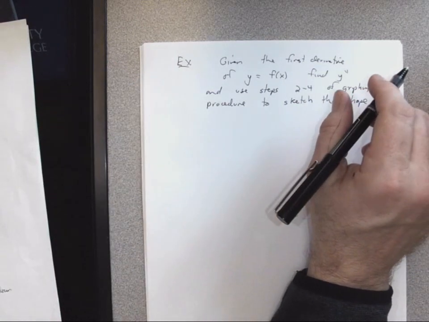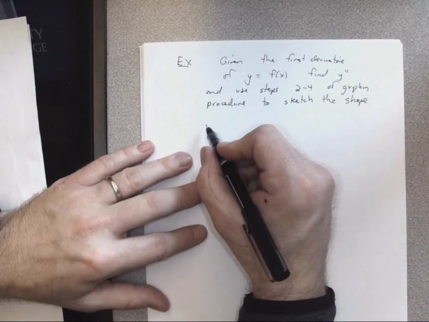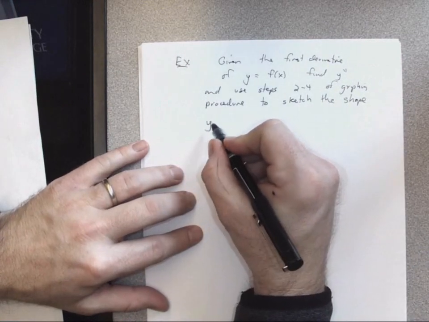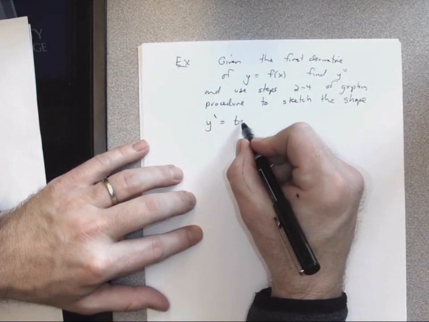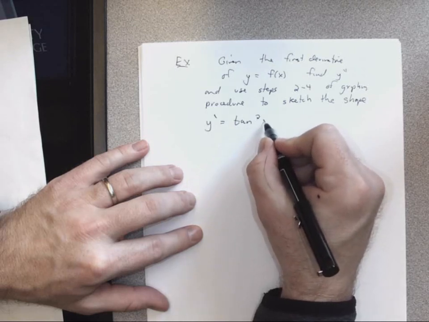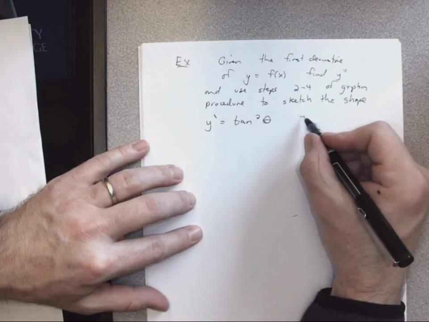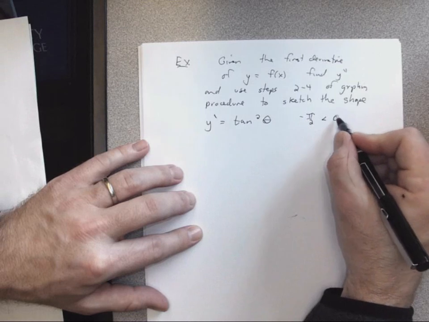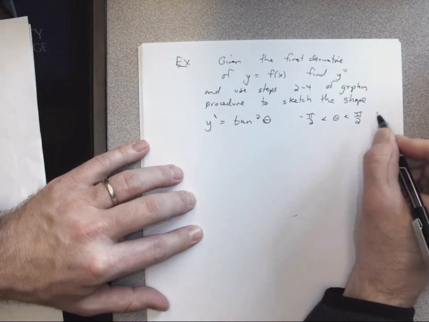Okay, so I'm going to say y prime is equal to the tangent squared of theta. And this is going to live from minus pi over 2 less than theta less than pi over 2.